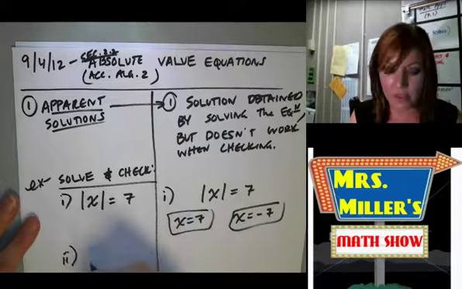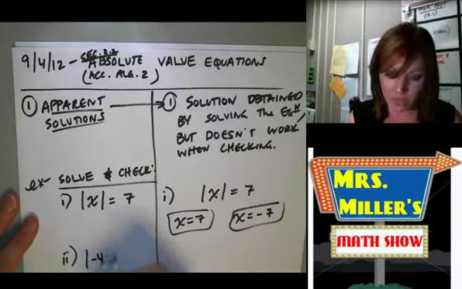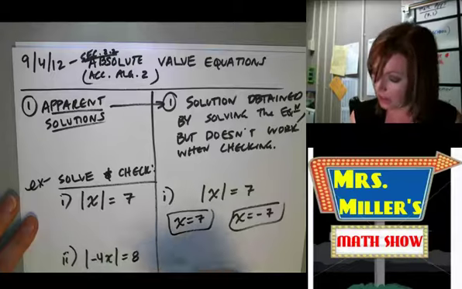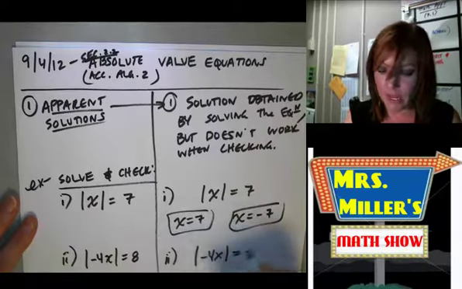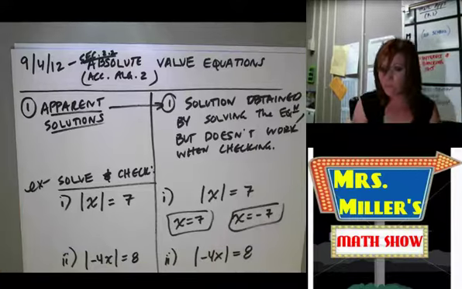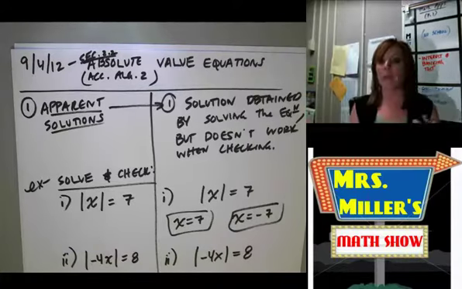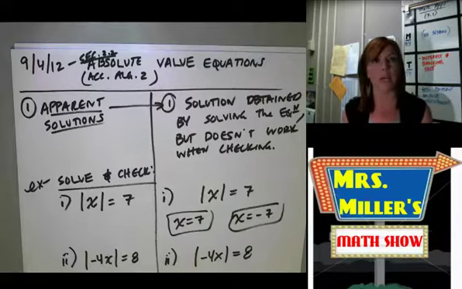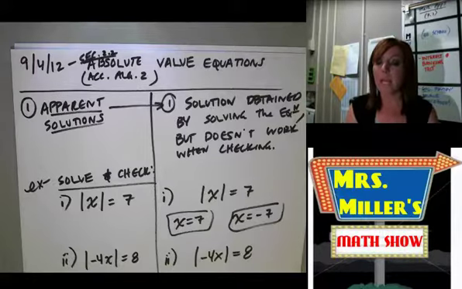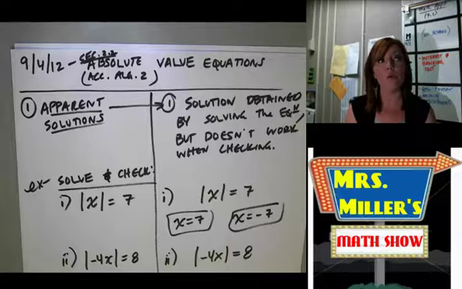Okay, let's try another one: the absolute value of -4x equals 8. Actually, there's a method to solving these that we'll get into in a minute, but first I want you to see why this method works just by looking at really easy versions of this. Can somebody give me a number that we could plug in to make this statement true?